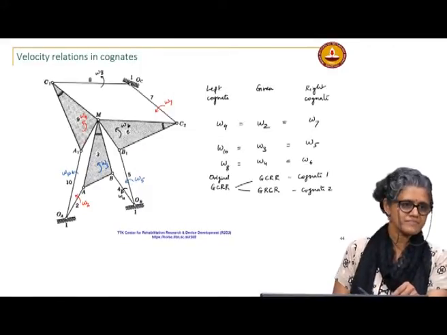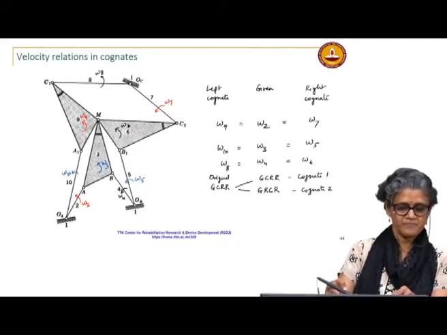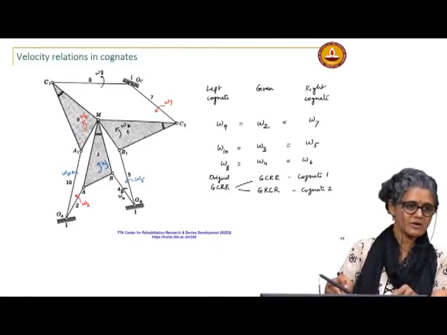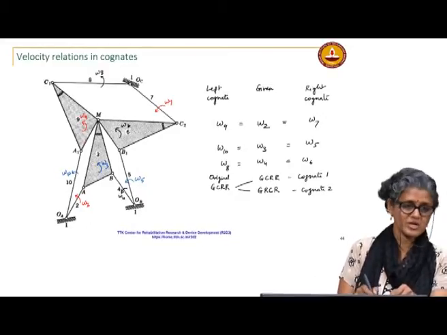That is the relationship you have to maintain. Or in the case of the second cognate, you would give the input to omega 7. So, that would be your crank rocker. In this case, this is not a crank rocker.